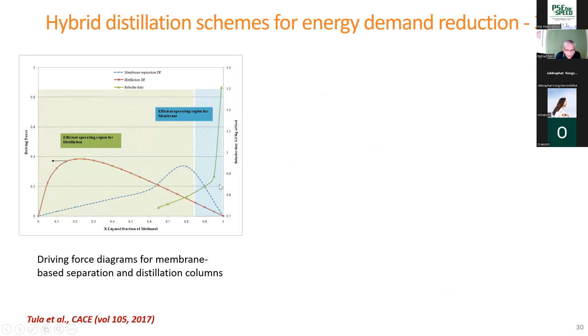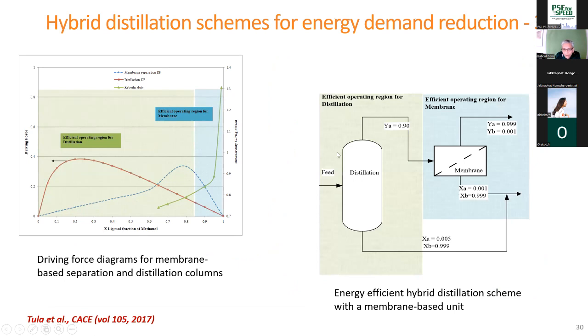If we can do that, then the scheme would be like this. Here is the distillation. At this point, we take the distillate, we send it to the membrane, and then the design of the membrane has to be special, because normally with the membrane, the permeate is the light compound and the retentate is the heavy compound. But we want to reverse the membrane so that the permeate is the heavy compound and the raffinate is the light compound.